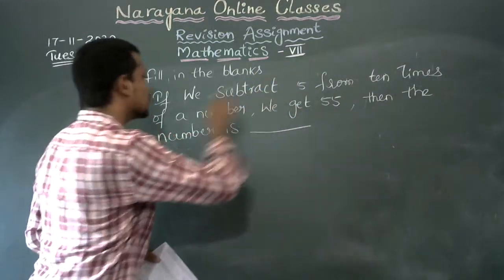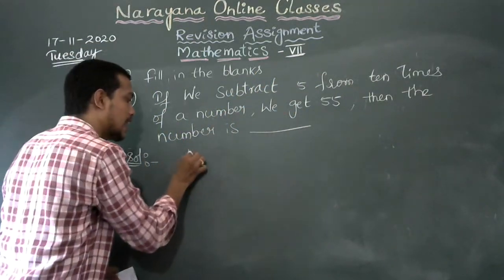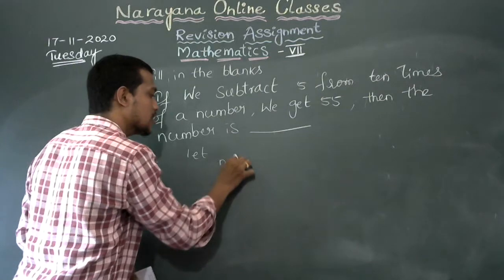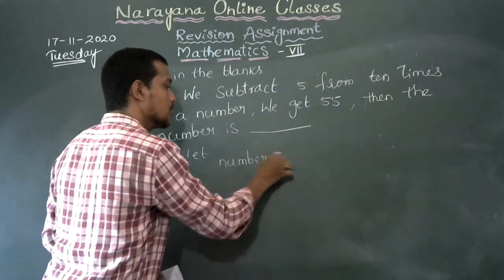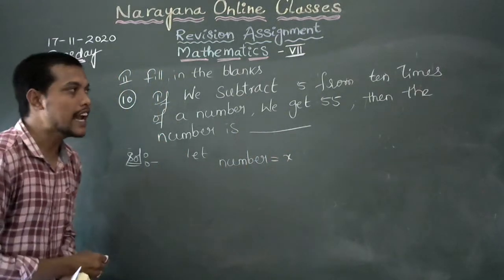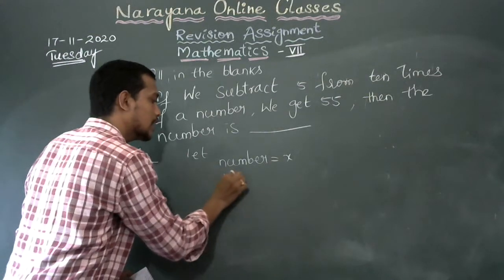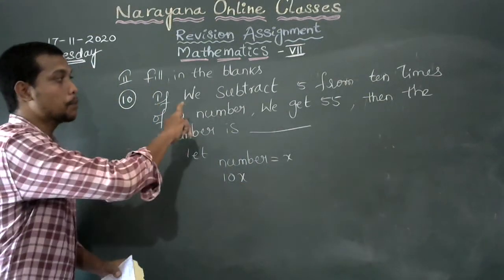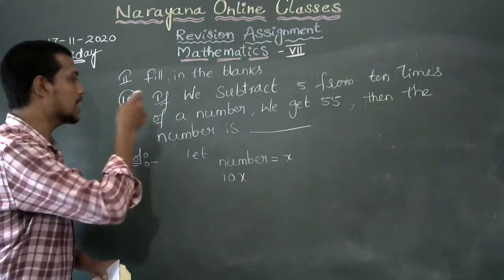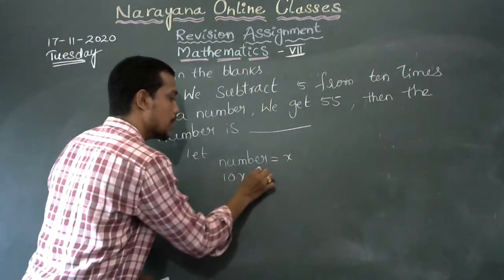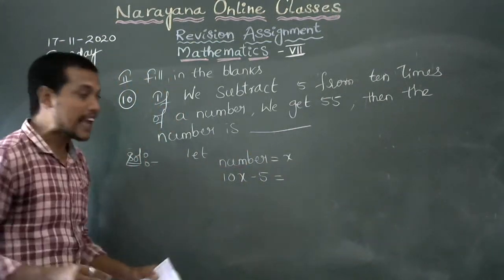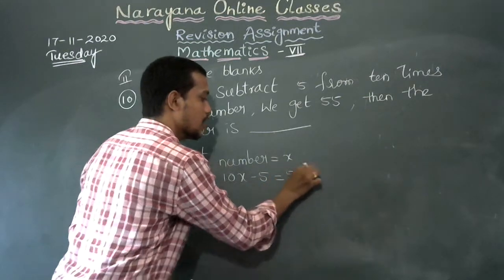So 10 times of a number means we don't know the number, means let number equal to x. So here 10 times of the number means 10x. Subtract 5 from 10 times the number means 10x minus 5, which is equal to, we get 55. Okay.